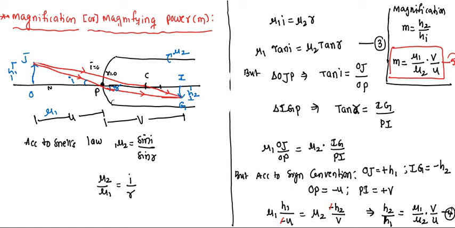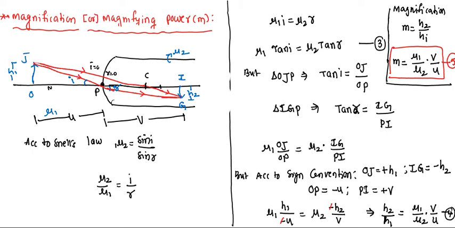This is the derivation. What is the general formula for the magnifying power? The general formula for the magnifying power is height of image by height of object, h2 by h1 here.